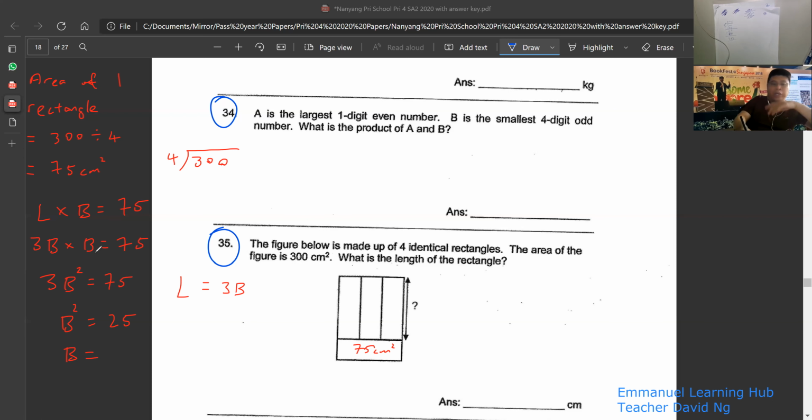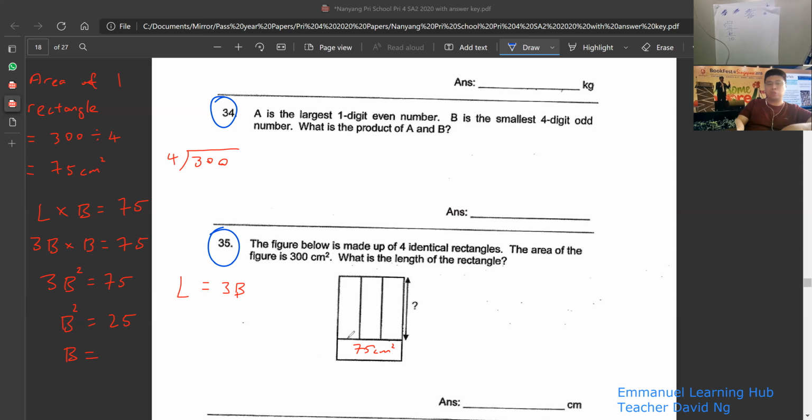You understand my working here? Which part you don't understand? What does B stand for? B is the breadth. Then why length equals 3B? For the drawing, length is 3 breadth.